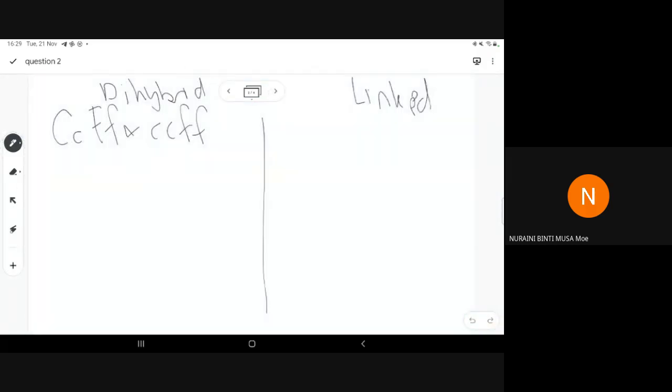You can't do C kecil, C besar, C kecil, F besar, F kecil. Instead, you have to draw C besar, F besar, slash C kecil, F kecil, cross dengan C kecil, F kecil, slash C kecil, F kecil. Okay, that's how you show that the genes are linked through your genetic drawing.